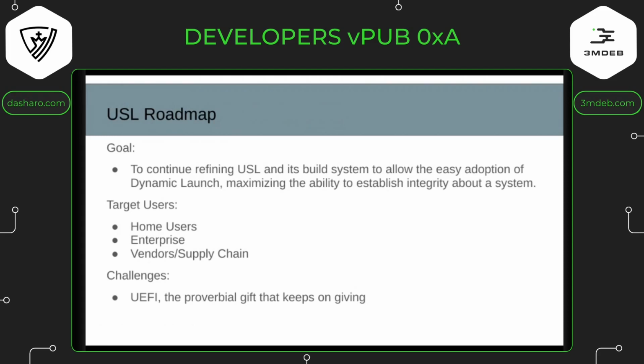People who just want to tinker, play around and expand capabilities will have a framework to generate a single binary with their customizations in it that they can test with. So that gives us a target user base of home users, enterprises, and even the possibility that vendors and supply chains could start to look to adopt this.